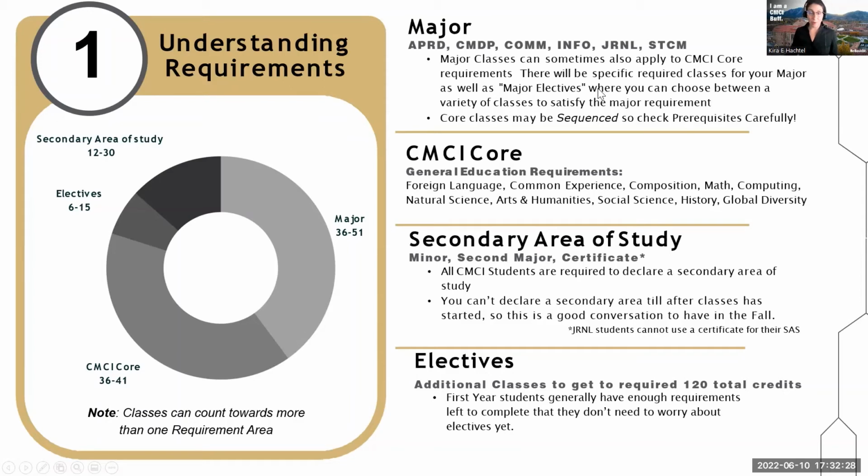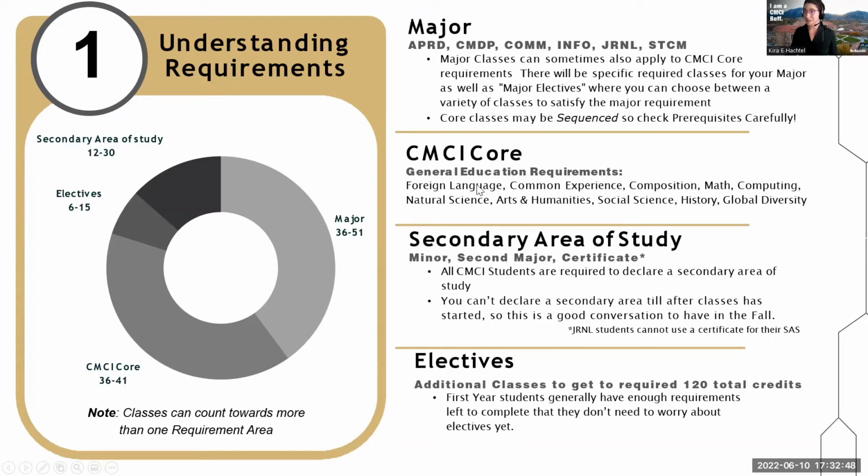Sometimes classes that are required for your major can also apply to your CMCI core requirements. Let's talk about what your CMCI core requirements are. The second part of your degree is CMCI core. This is our name for general education requirements that are part of your bachelor's degree.